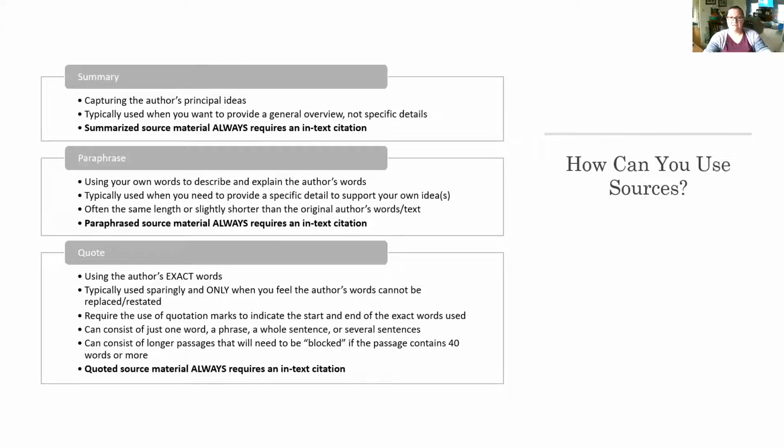A paraphrase is where you take a smaller section from the source, maybe a paragraph, maybe just a few sentences from a paragraph, and you express the same idea in those few sentences, in that passage. You're going to express the same idea in your own words, with your own phrasing, totally unique to you.